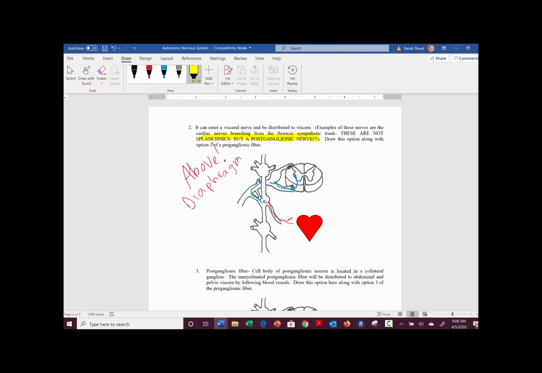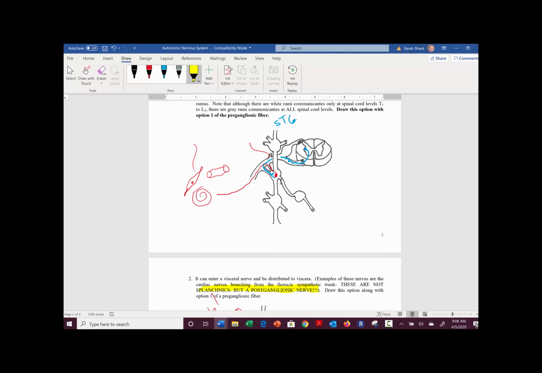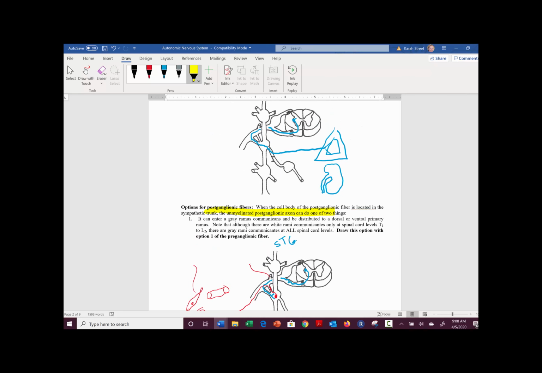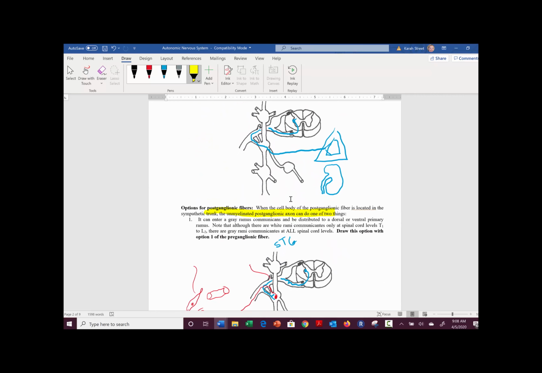The reason why some students get confused with this picture is because up here, this structure that I used for option 3 in my picture was a splanchnic, but notice that I drew it connected to a collateral ganglion.